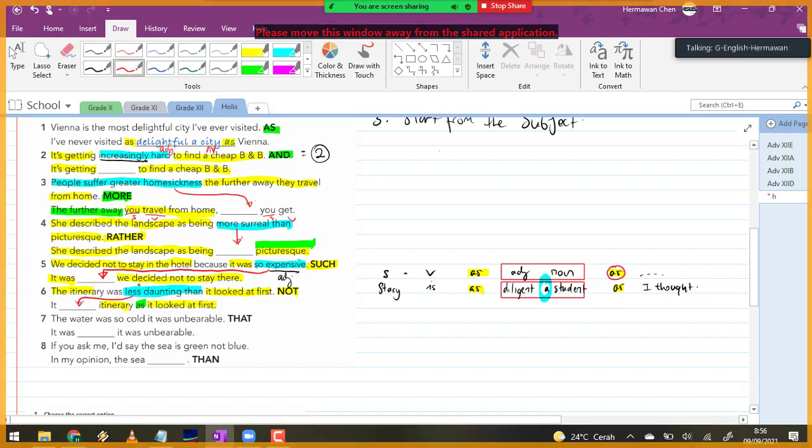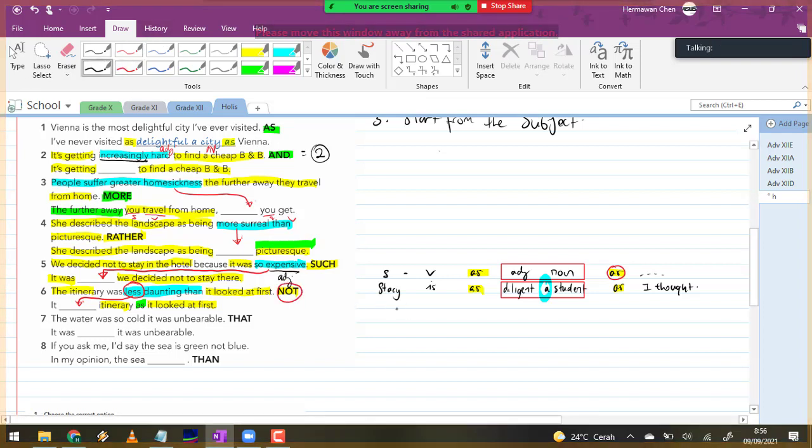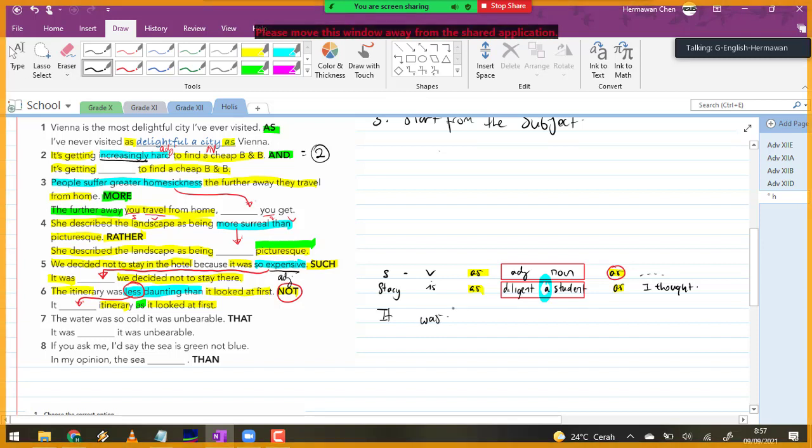Remember, less means negative, it means you have to put it into negative. Let's start. The subject is it. What is the verb? Look at the verb here. Was. It was. Remember, it is negative, so we have to use it wasn't. Not is put here.